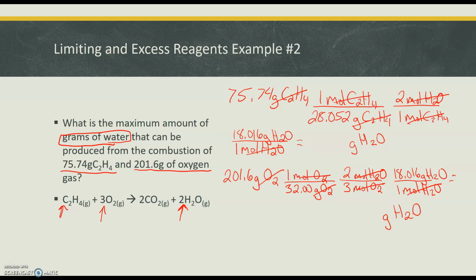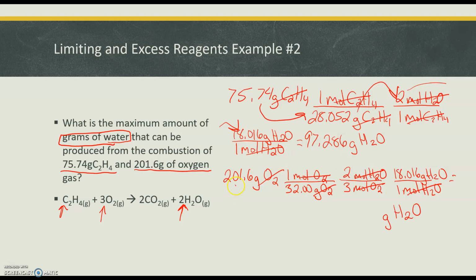And now we do our math. For the top example, we'll divide and then multiply. And then we are going to multiply again. This should give 97.286 grams of water.